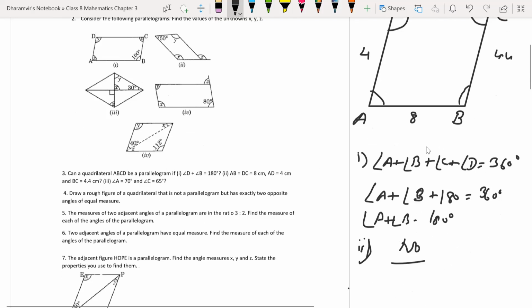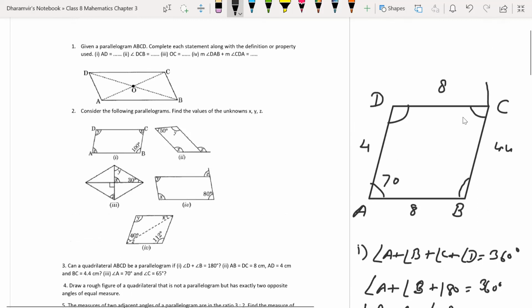Now angle A is 70 and C is 65. In the third part, A is 70 and C is 65.